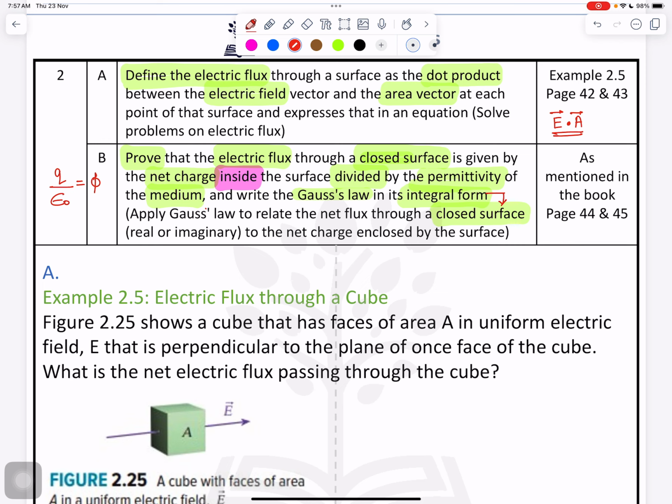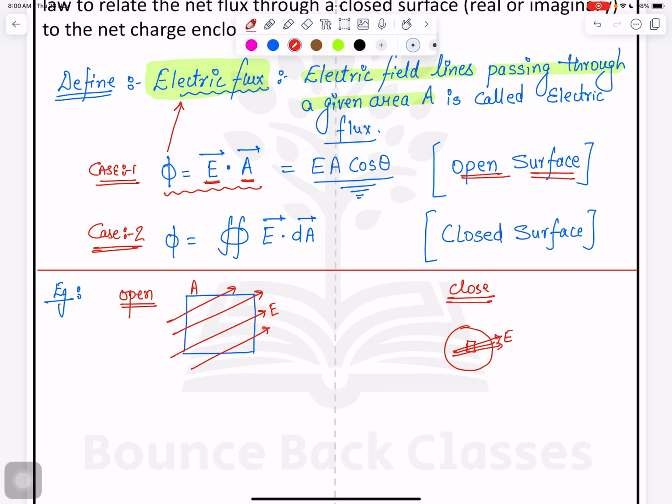So, closed surface and open surface. In the case of an open surface, we directly use this equation, where phi is called flux, the symbol of electric flux, E is your electric field, A is the area, and theta is the angle between them. And the second formula is for the closed surface.